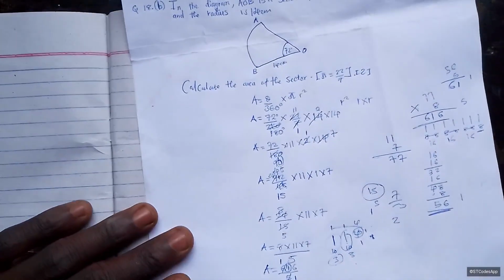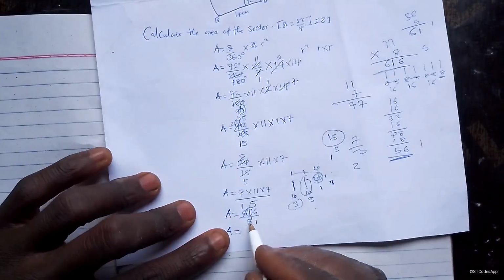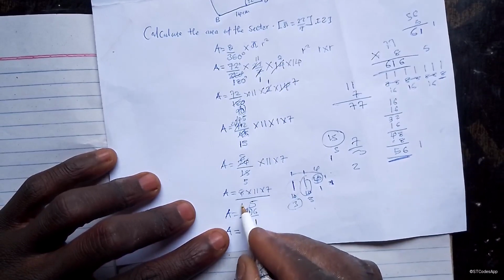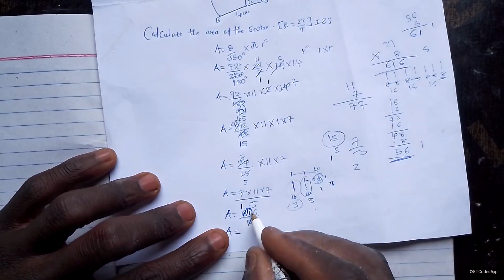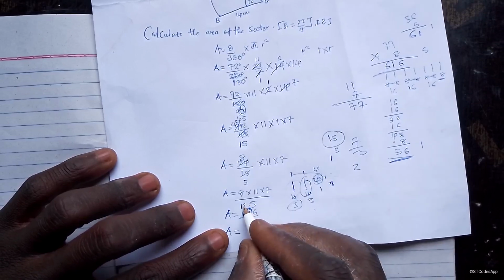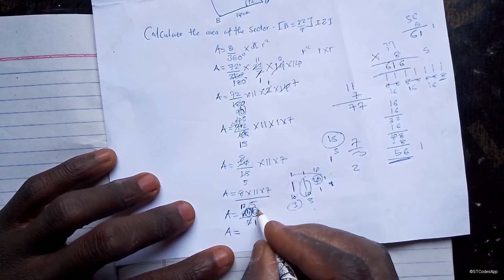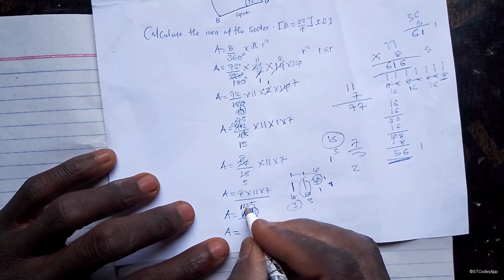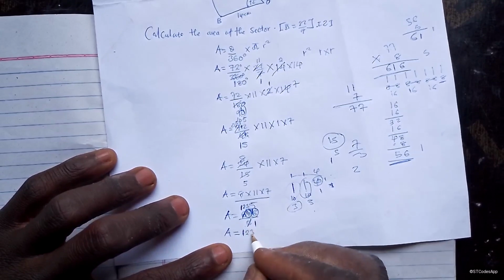So 5 into 11, I'm going to get 2, remainder 1. So this one here is going to become 16. So 5 into 16, I'm going to get 3. So I'm saying 1, 2, 3.